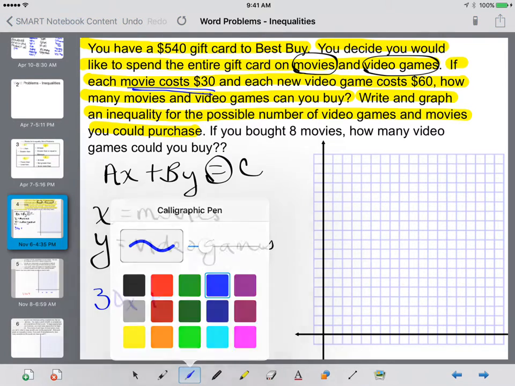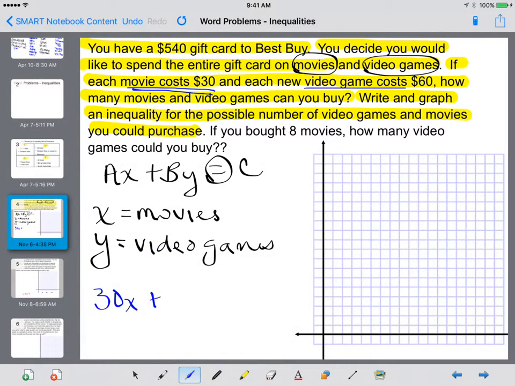And each video game costs $60. So we're going to take 60 and multiply it by however many video games we purchase. We have $540 to spend with this gift card. So 540 is our end total.